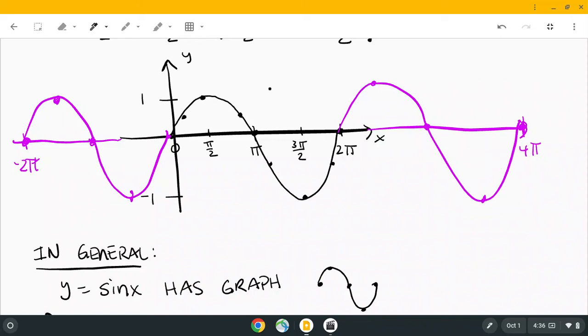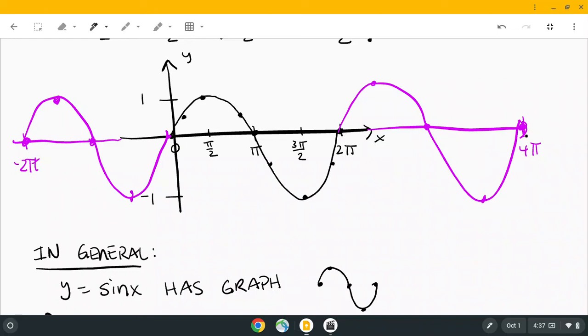We see that they are equivalent. If you just add 2 pi to this, you'll get the same y value. If you add 2 pi to this, you'll get the same y value. If you add 2 pi to this x value, or go down 2 pi, you'll get the same y value. That's what it means. When you look at this y value, which is 0, if you go down 2 pi, you'll get the same thing.